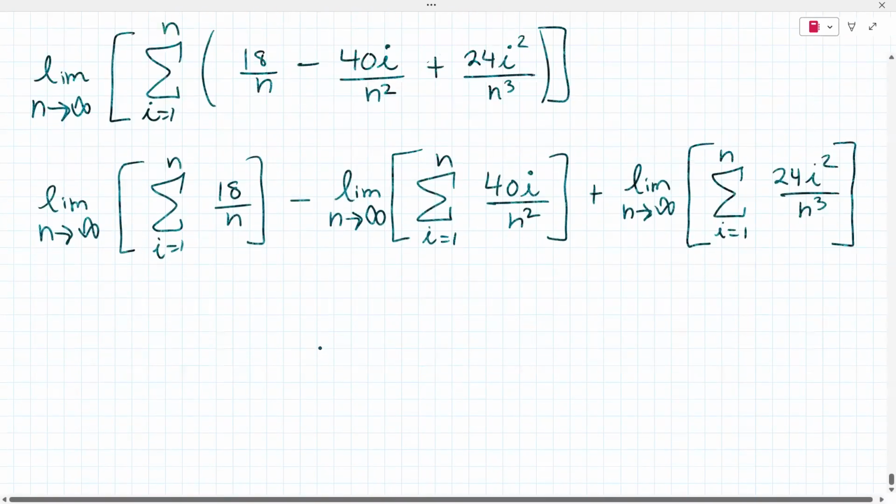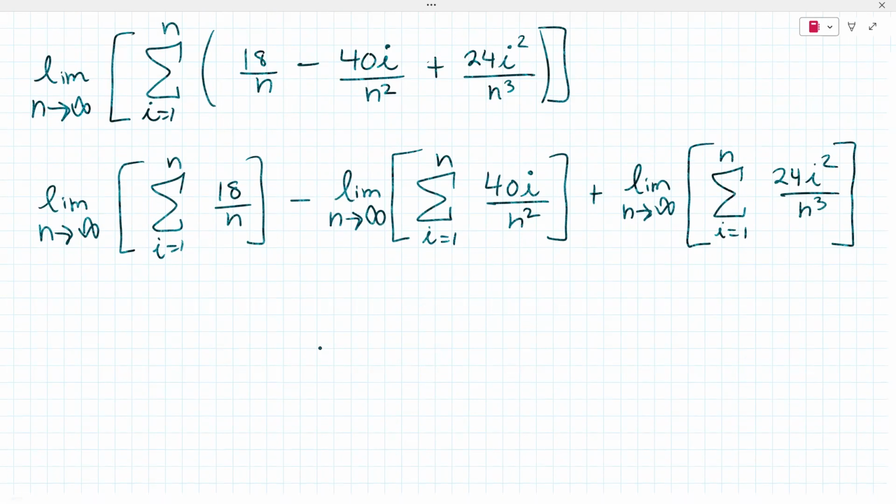Okay. So 18 over n is a constant. 40 over n squared is a constant. 24 over n cubed is a constant. So take out the constants.